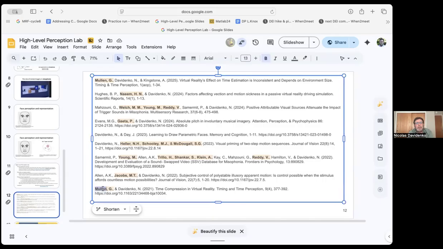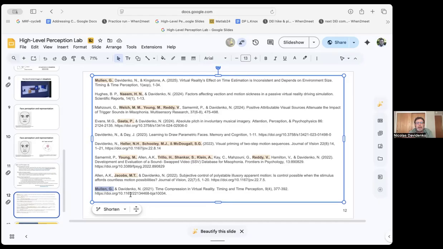So Gray Mullen, he was a cog sci major who graduated in 2020 or 2021. And he came up with the idea for this project. I basically served as his supervisor, and we worked on some of the writing and the design together.